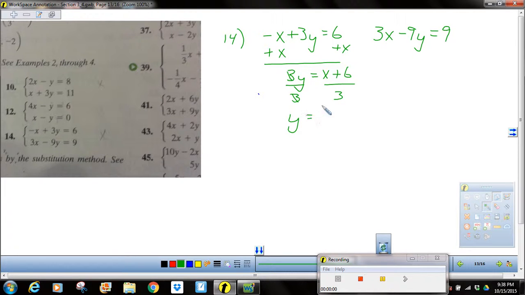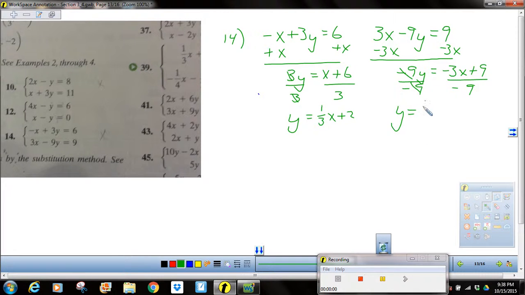Y is equal to 1/3 x plus 2. On this one, minus 3x. Uh-oh.